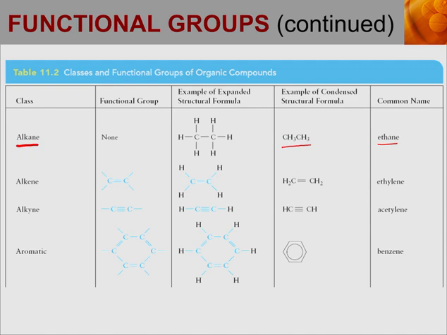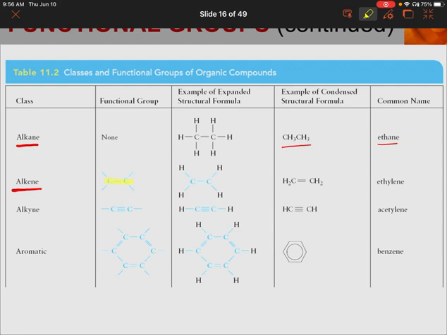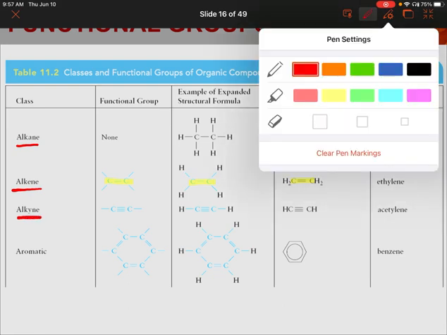Well, that double bond would actually be considered a functional group, and that would be called an alkene. Again, you would have two carbons with a double bond between them. And if you have a triple bond, then it becomes an alkyne. So that's another functional group.